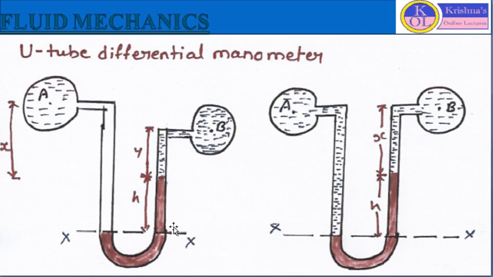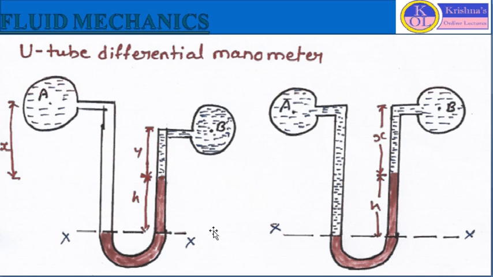So this XX line is representing the datum line, and at these two particular points, we will consider the pressure to be the same, and we will apply Pascal's law here. With the help of Pascal's law, we will find out the pressure or the pressure difference.